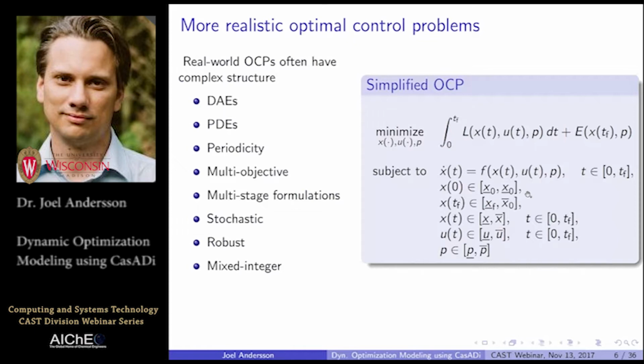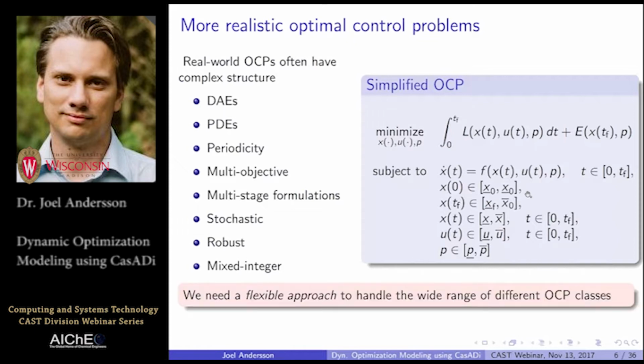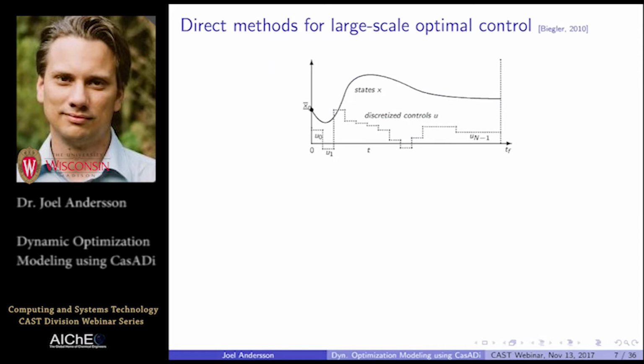We might have multiple objectives, looking for example at a Pareto front. Multi-stage formulations are important. There are stochastic, robust, mixed integer formulations. So the reason why I'm bringing this up is that we need a flexible approach to be able to handle a wide range of different optimal control problem formulations. So this is what I'm trying to address in this work.